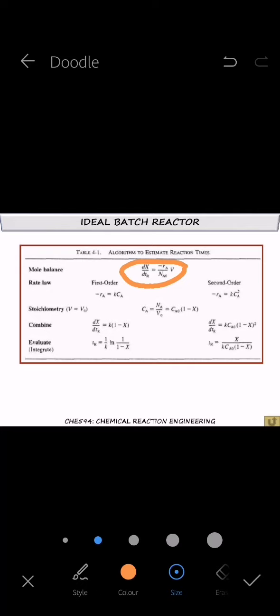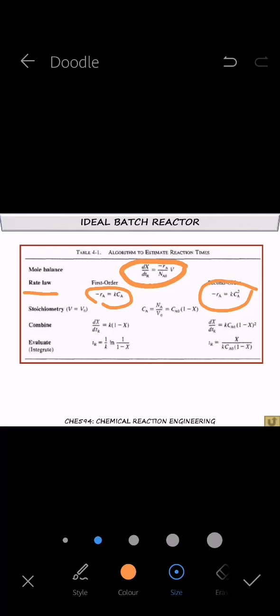Then you need to insert the rate law. There are chemical equations that have first order, or second order, and you need to perform stoichiometry on that chemical equation.